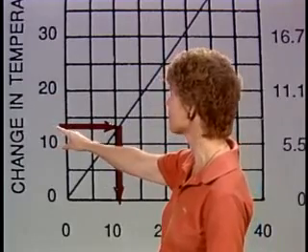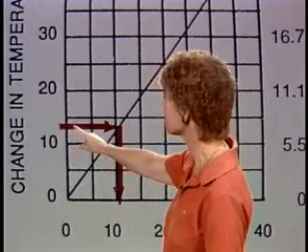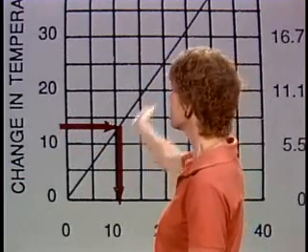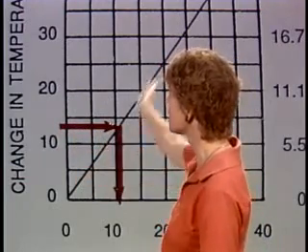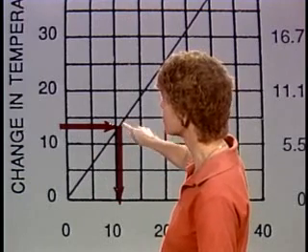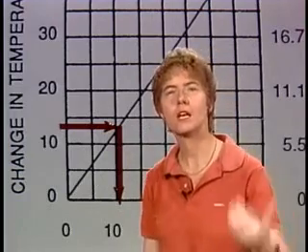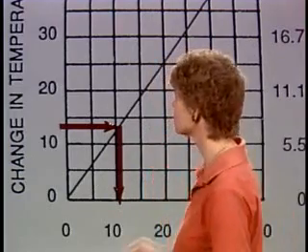So we start at 13 degrees of temperature change, and we come straight across to the right until we hit that straight diagonal line. And when we hit that diagonal line, we turn and drop straight down to the bottom of the chart, which will tell us what the allowable change is in pressure.